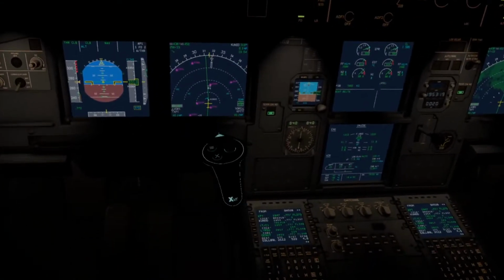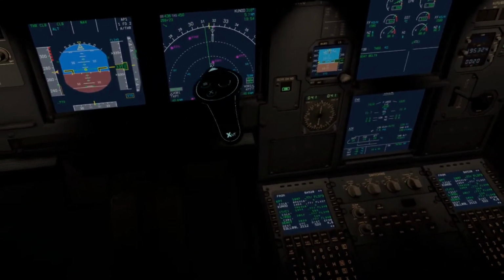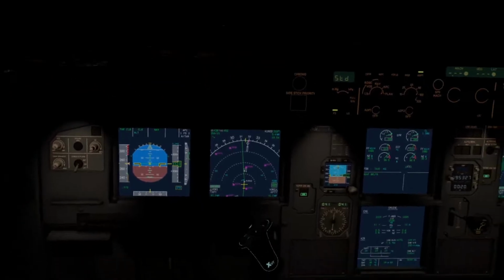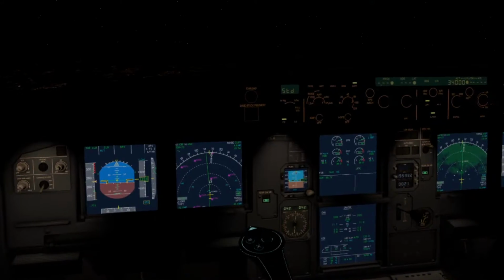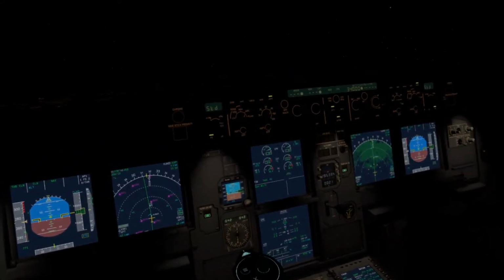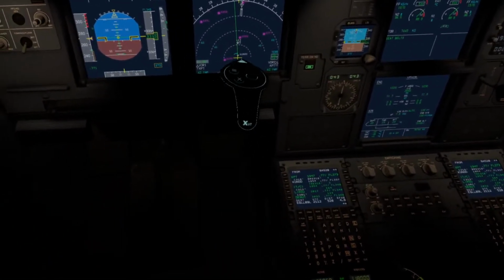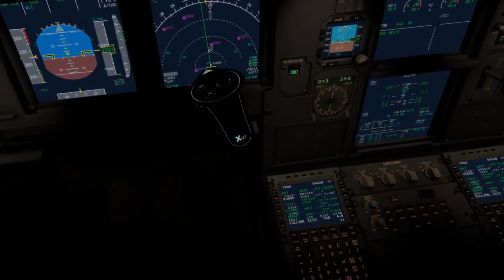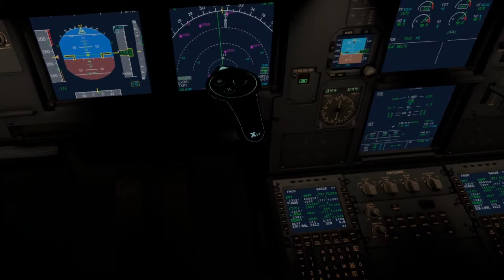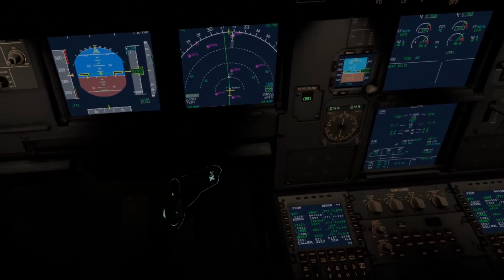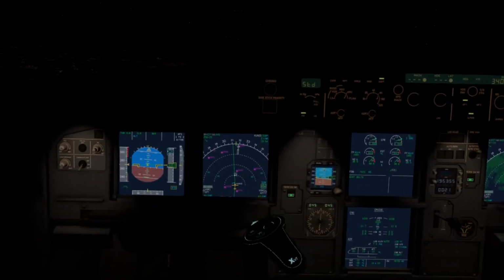Now, this is one thing that I wanted to cover: this white dot coming up to us is another aircraft. Because of our TCAS, basically the traffic collision avoidance system, it detects that there's an aircraft above us, 1,300 feet above us, because there's a little plus sign, and we do have to be careful sometimes.